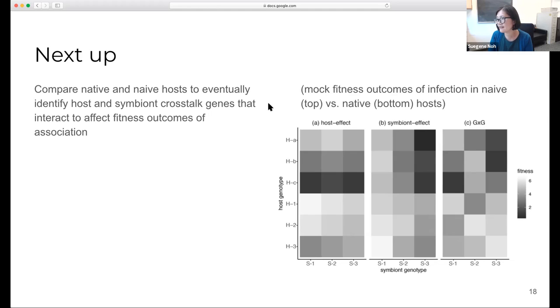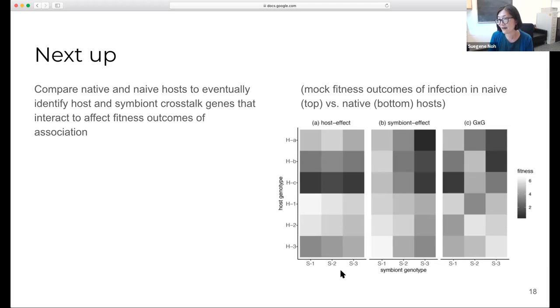So this is the next step of this experiment, where we are going to be adding in native hosts to the mix. In this mock-up of what these types of patterns might look like when you have different combinations of hosts and symbionts, we have the naive hosts that we tested up top, and then the native hosts on the bottom.